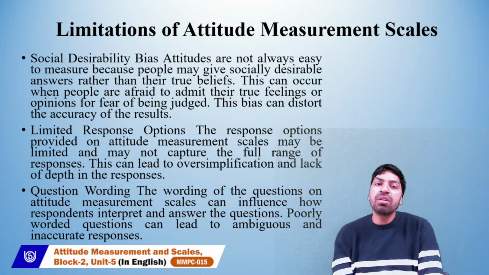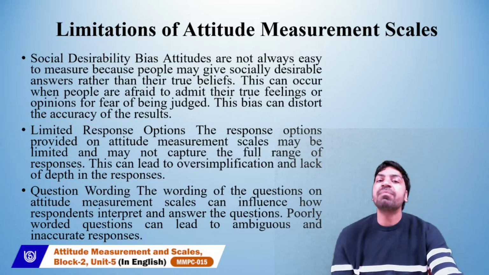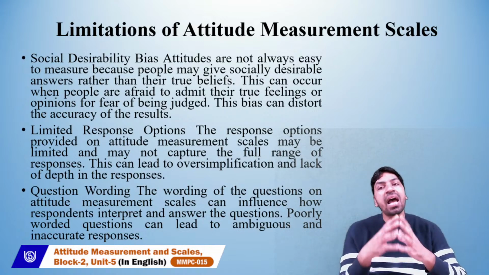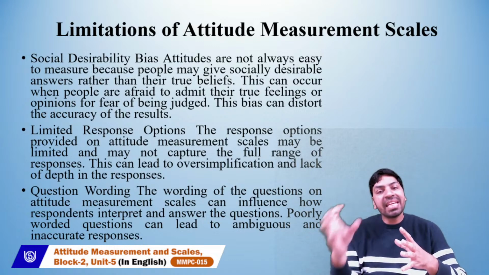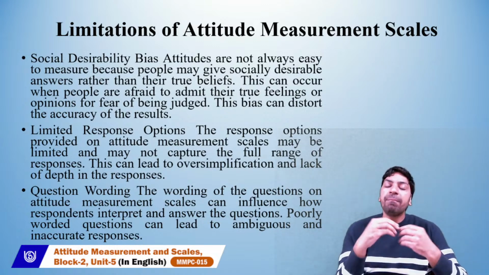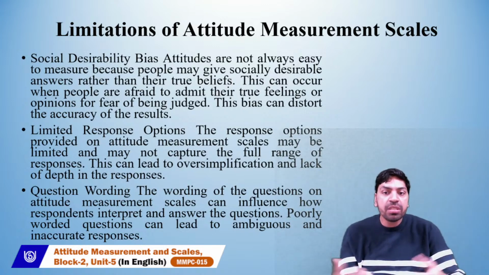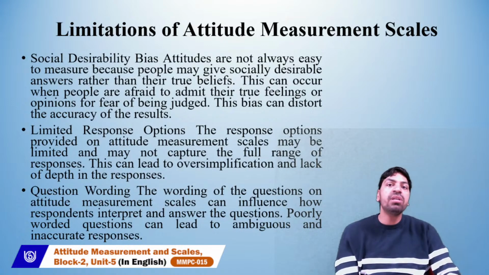So it is also one of the limitations of attitude measurement scales, because it is very difficult to measure the attitude of respondents when a statement has plenty of options available.